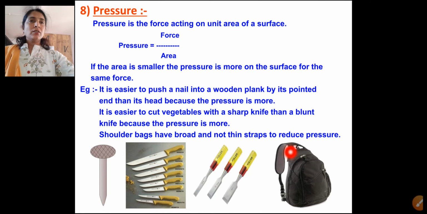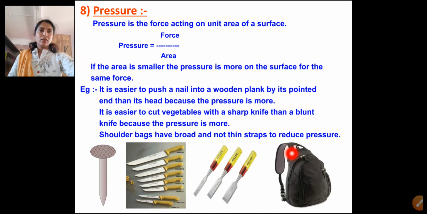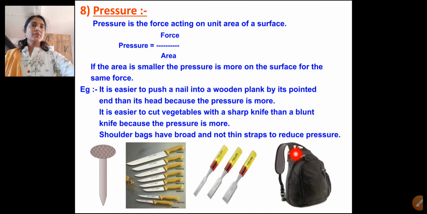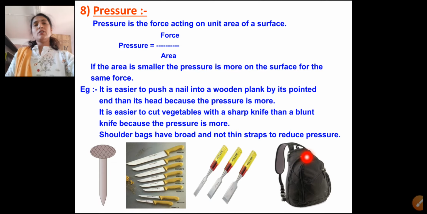When there are broad straps, the pressure will be less, because we have learned that if the area is small, the pressure is more, but if the area is big, the pressure is less. So here we can increase and decrease the pressure by changing the size of the area.